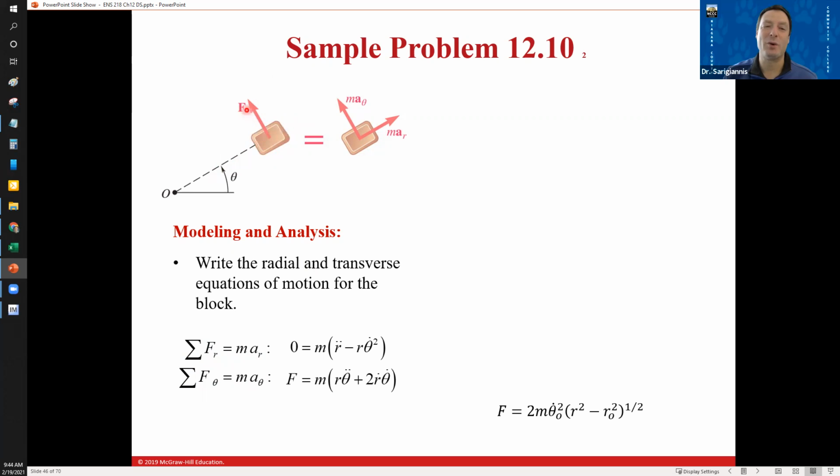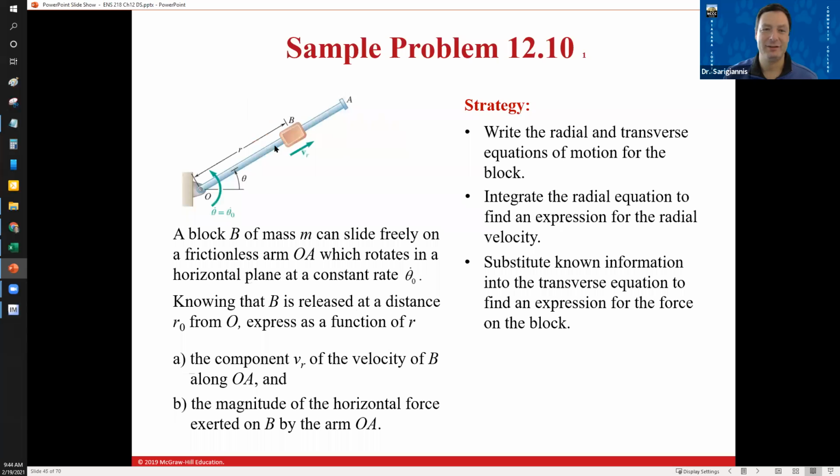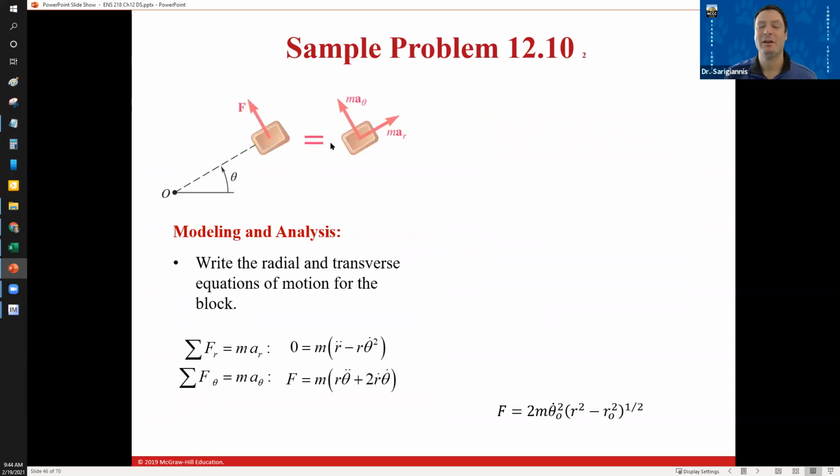So the only force is a result of this arm, OA, applying a force to B. Because it's frictionless, you're also able to slide in either direction, so you're going to have an acceleration in the theta direction and an acceleration in the r direction.